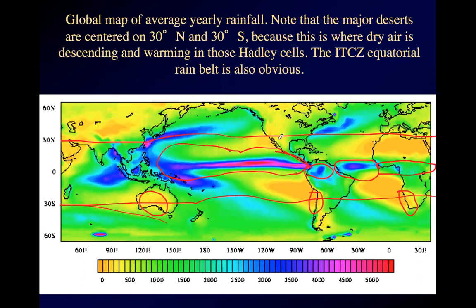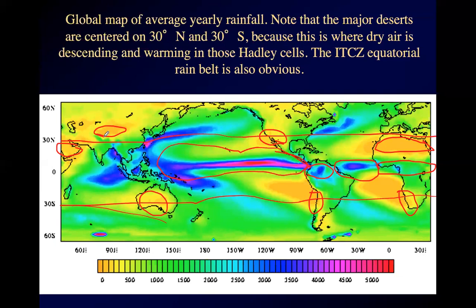And then here we've got the Mojave and Chihuahua and Sonora deserts in the US and Mexico, the Sahara Desert in Africa, the Rub al Khali in Saudi Arabia, the Gobi Desert up here in China. Notice that they're all located close to those 30-degree lines north and south.